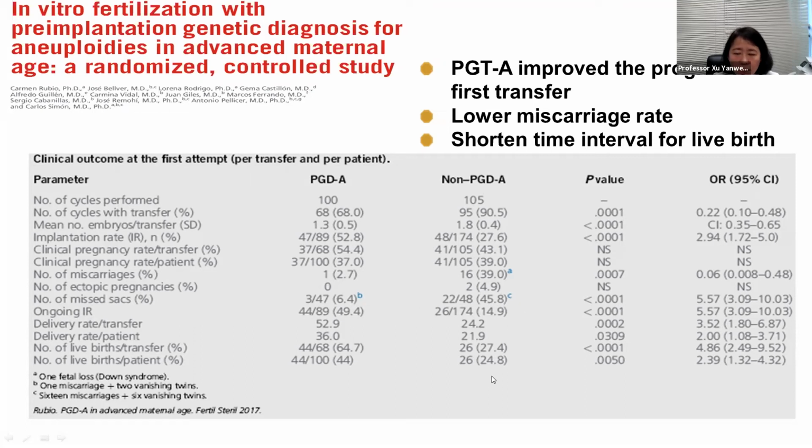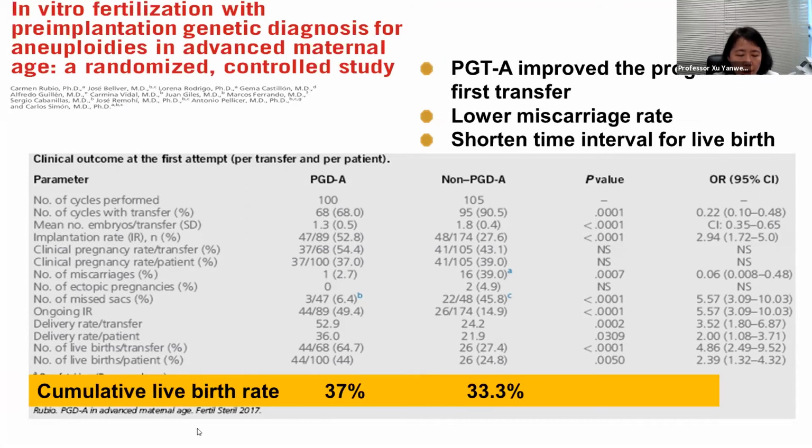Also a significant difference. And also the shortened time interval for live birth. However, no cumulative live birth rate difference in both groups, 77% and 33.3%.